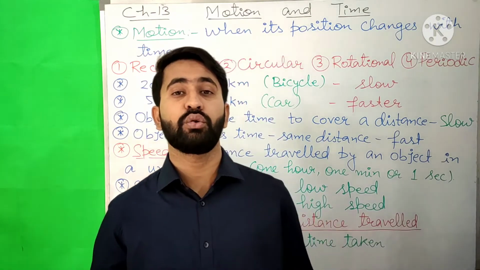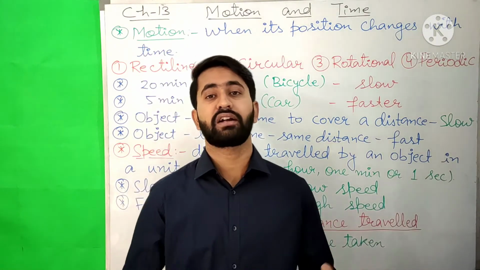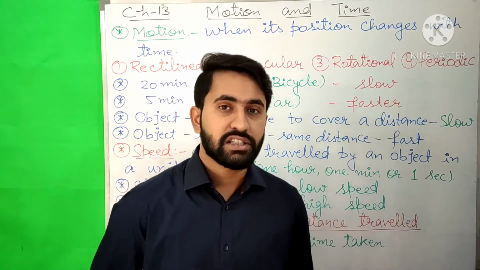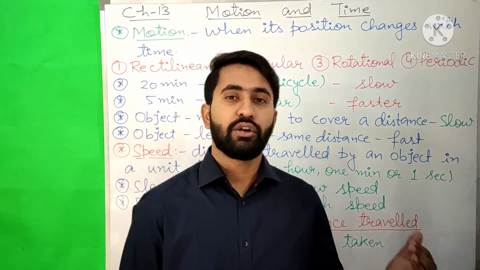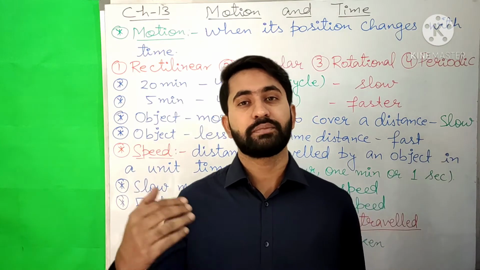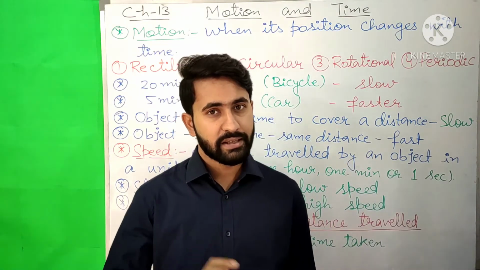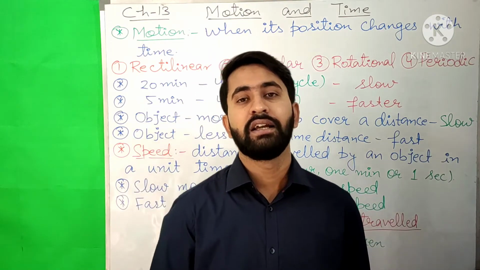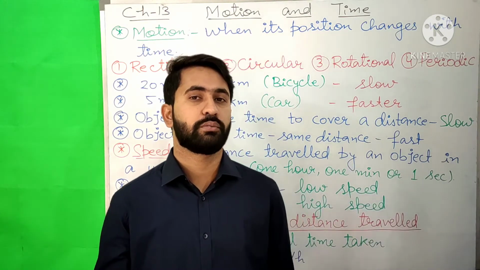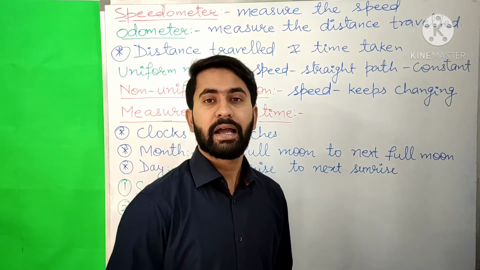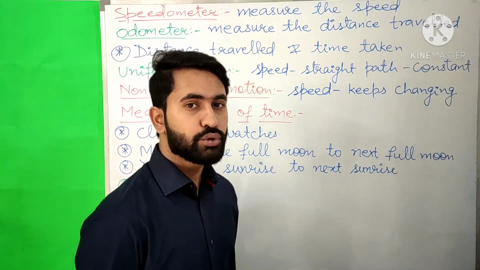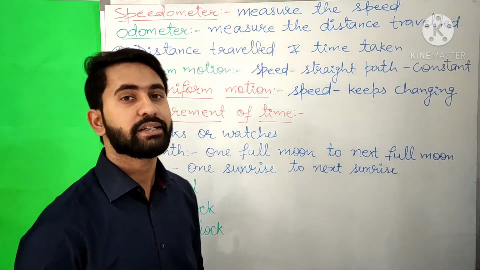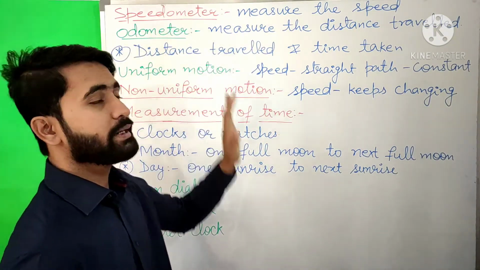Like if we want to compare the speed of a car and truck, they should be in the same unit. If the speed of car is given in kilometer per hour, the speed of truck should also be in kilometer per hour. And if the speed of car is in meter per second, then the speed of the truck should also be in meter per second. An instrument that is used to measure the speed of an object is known as speedometer.